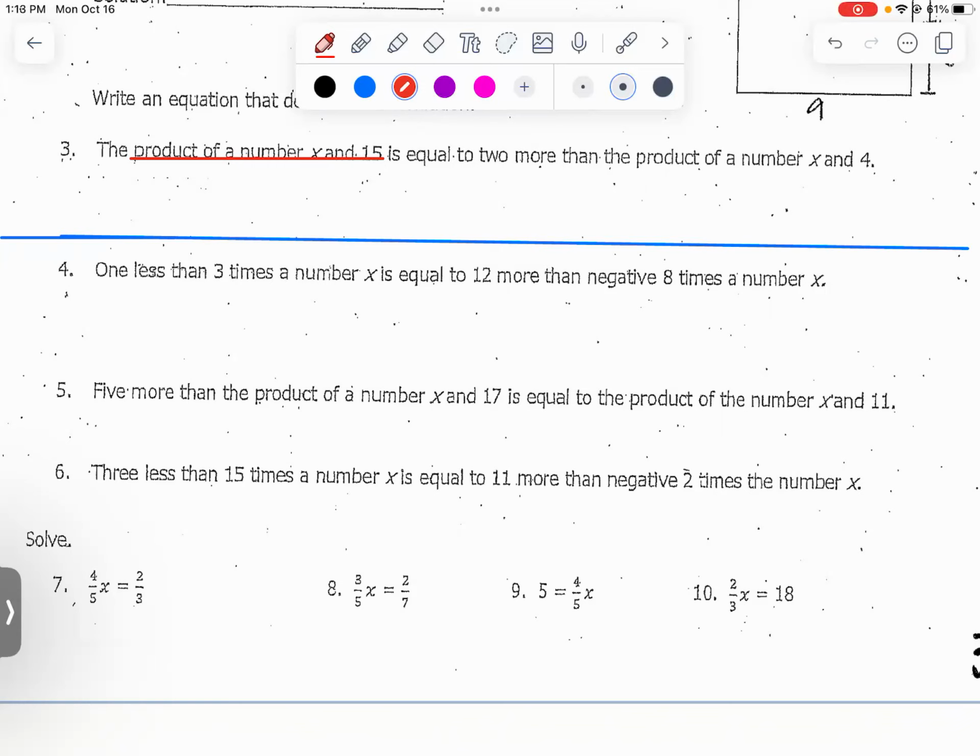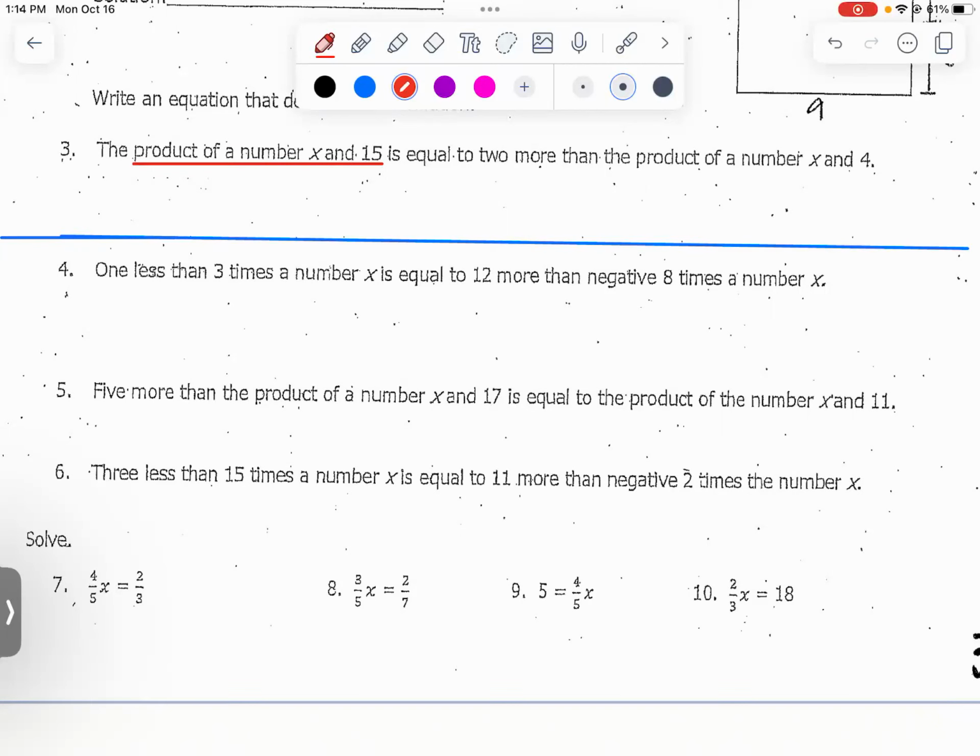Stop. Whose phone is that? So it either needs to be kept in your hand or put away. It can't be a distraction. Okay, the product. I don't remember what product means. Multiplication. So we have the product of a number x and 15.